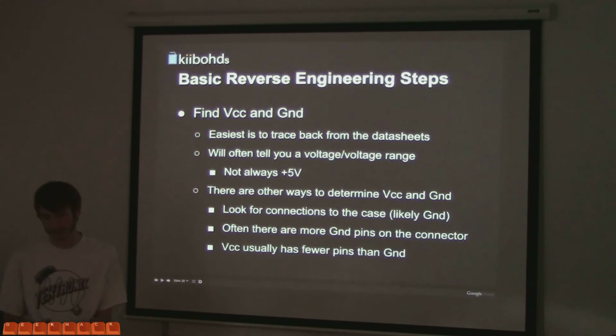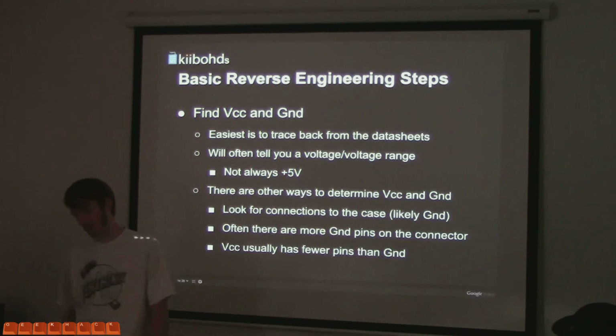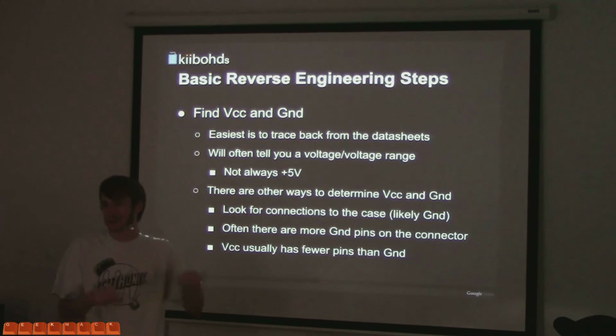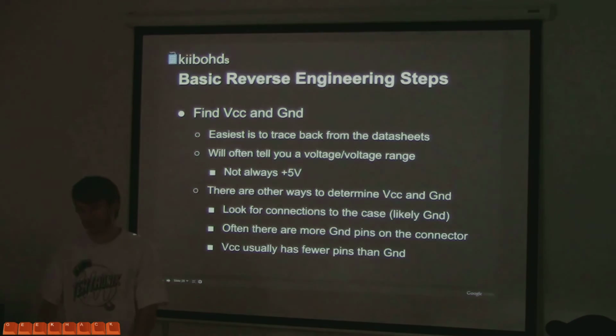There's usually more ground pins than there are voltage pins on the connector. That's usually the case, not always, but yeah. So it basically comes to a toss-up, and you got to basically guess. And sometimes you can usually identify VCC and ground, the two of them, because all the chips have to connect to power and ground. So you can eventually find those two pins, and then you just sort of choose which one.